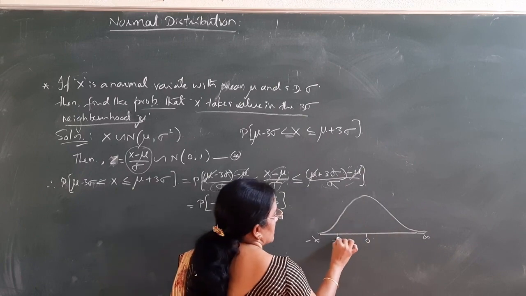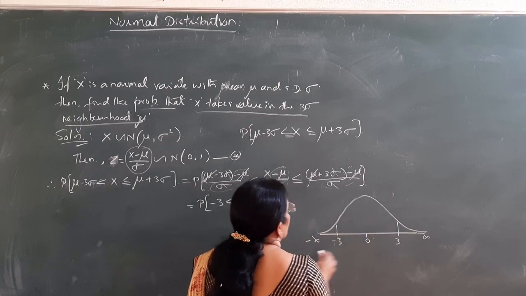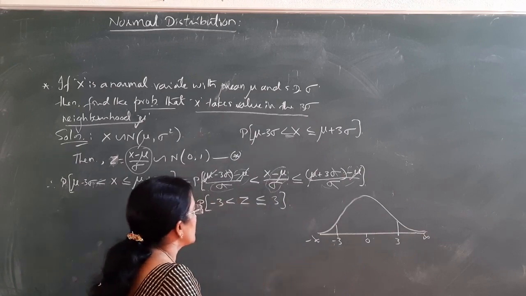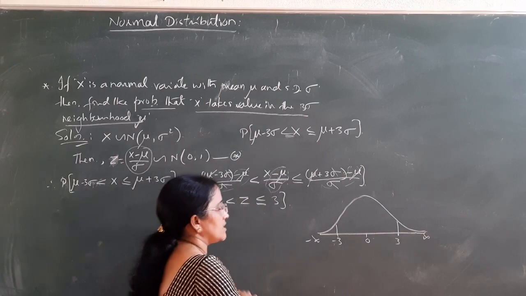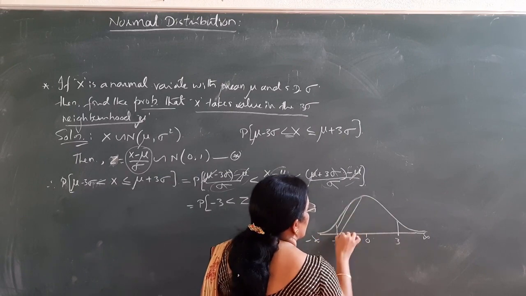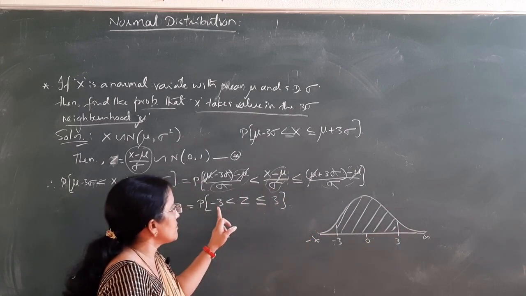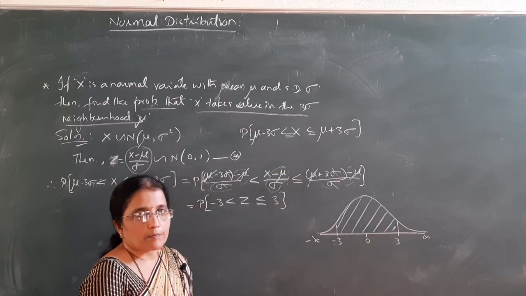Mark minus 3 and plus 3, draw perpendiculars, and shade the required region. Now z is between minus 3 and 3, so the region between minus 3 and plus 3 indicates the probability of z lying between minus 3 and plus 3.